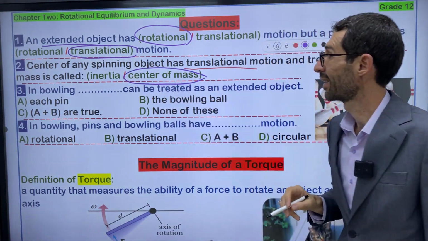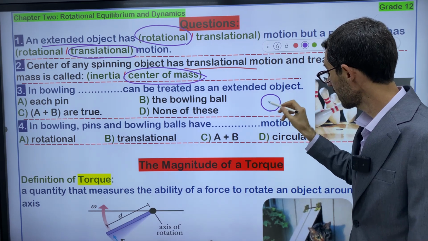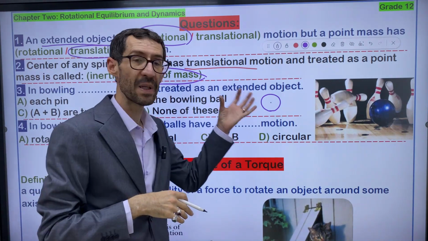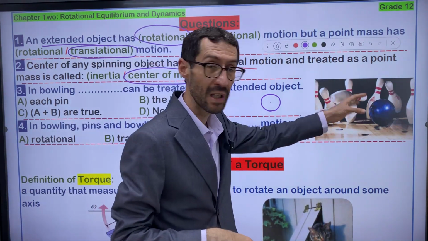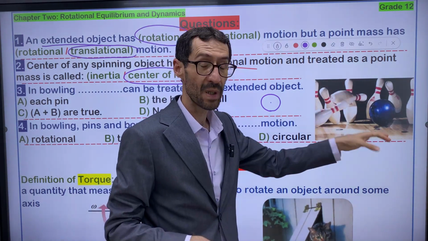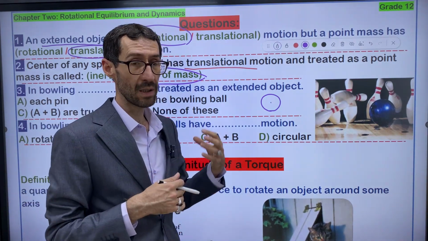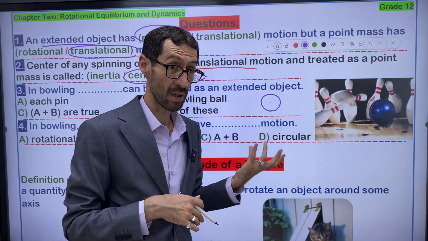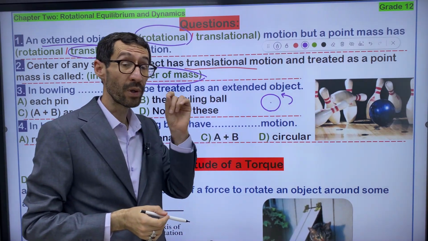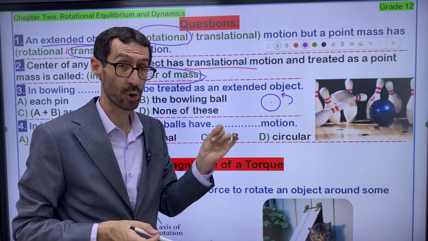Let me tell you, however, you have a spinning object. For example, you have a spinning bowling ball, a spinning pin, right? These spinning pins and spinning bowling balls are all considered to be extended objects. But one point of these objects does not rotate.